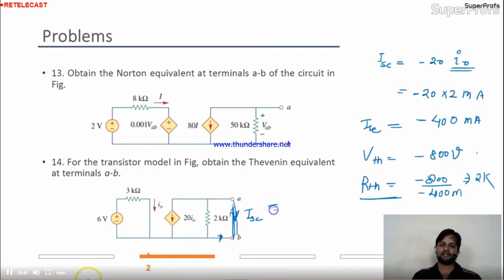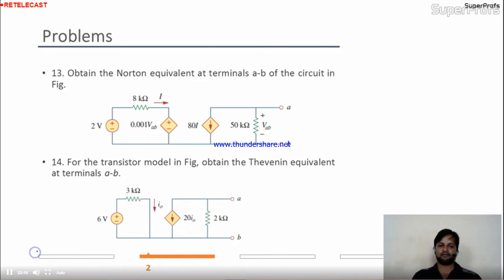So the resultant of this circuit is, we have here 2k, and the voltage we have calculated is 800 volt. But the direction was negative, so better do it like this.